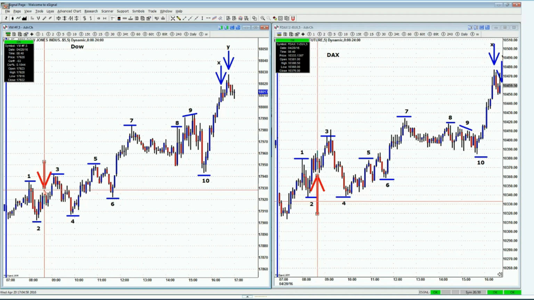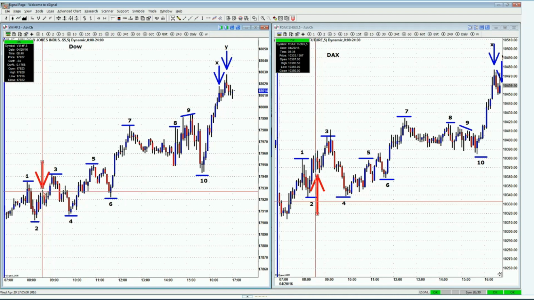At this point here, the Dow is making a lower high compared to the DAX that has just made a higher high.